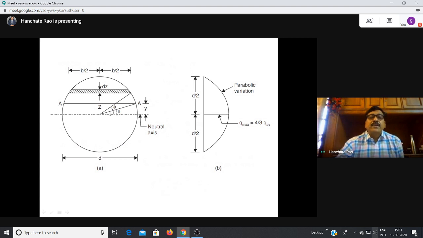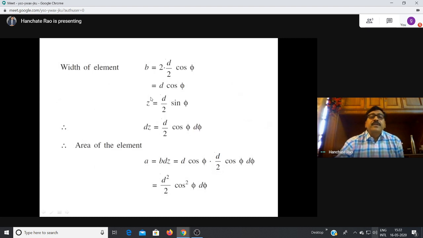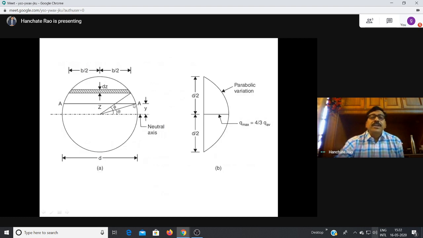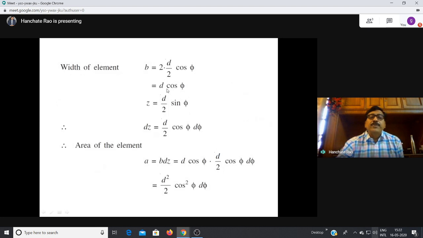Now automatically, the width of the element is equal to 2 into d by 2 cos phi, because two sides, half of it is d by 2 cos phi. This is radius d by 2, and this length is d by 2 cos phi, and the same way this is also d by 2 cos phi. So the width of the total element is 2 into d by 2 cos phi, or d cos phi.